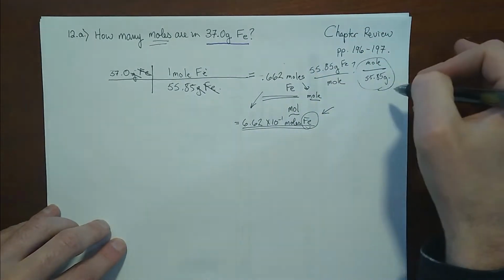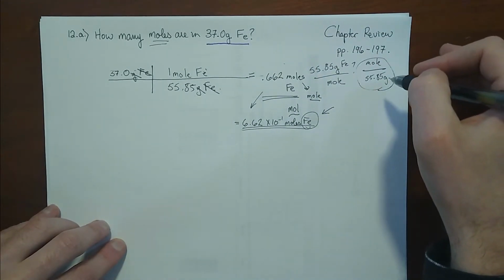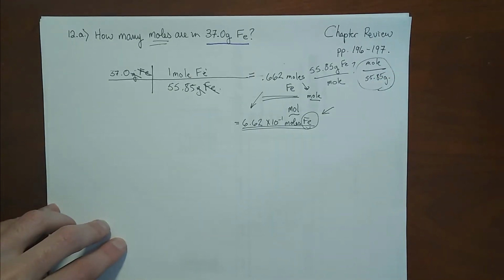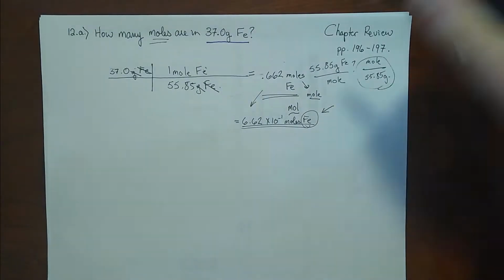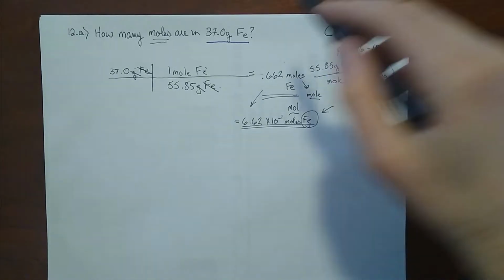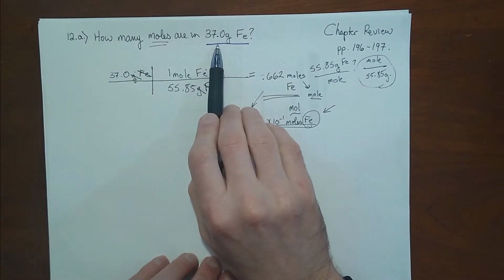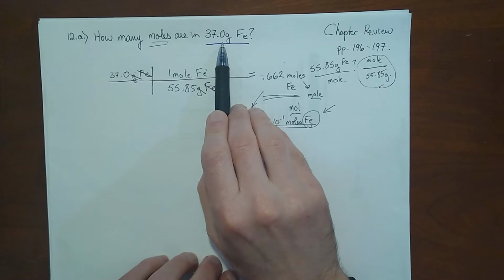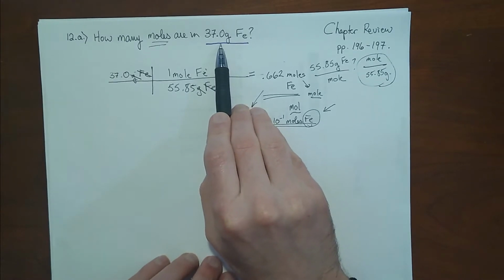The other thing I wanted to point out about working these problems in general was to keep track of your significant figures. These significant digits do apply in these problems. Now, this is not necessarily a measurement that they're giving us here. We don't really know that this was a measurement.